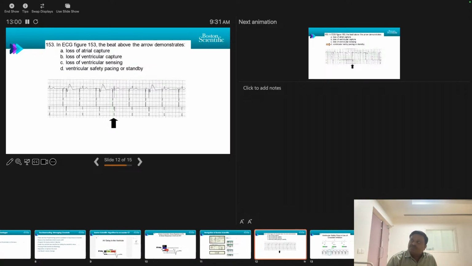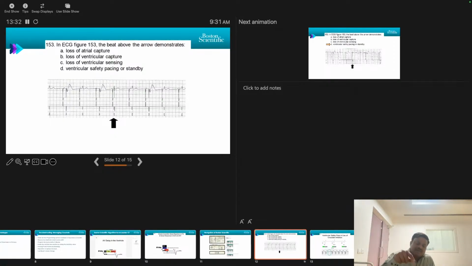So this is how we are typically going to observe while observing the strips. If you closely look at the complex where the arrow mark is, there is an atrial spike. It was delivered, but there is no capture as per my understanding. Even after that, it was sensed by the ventricular lead. If you closely look at the V sense at the arrow mark, there are two spikes, two lines in the annotation.